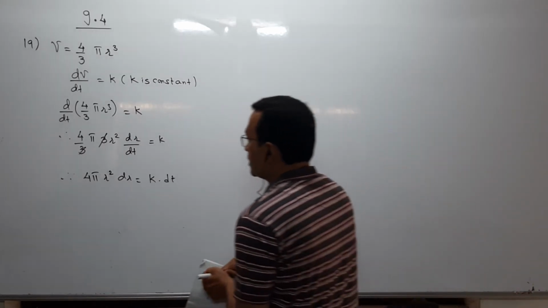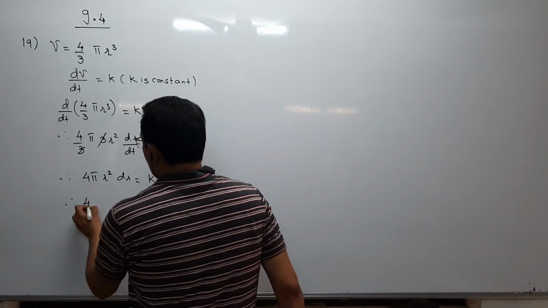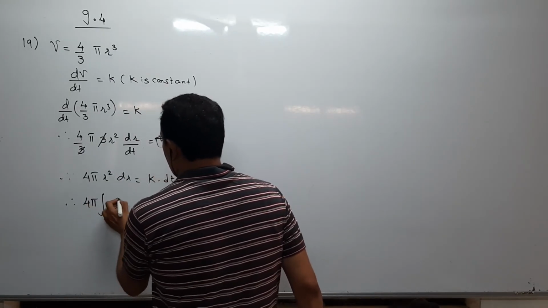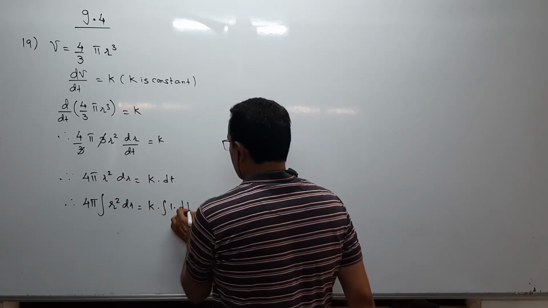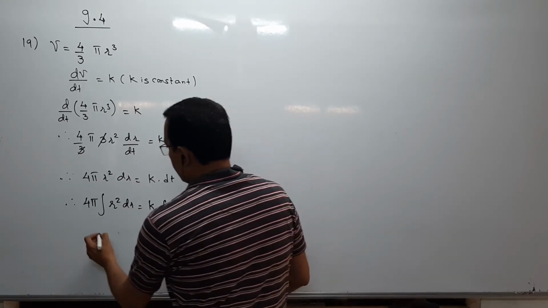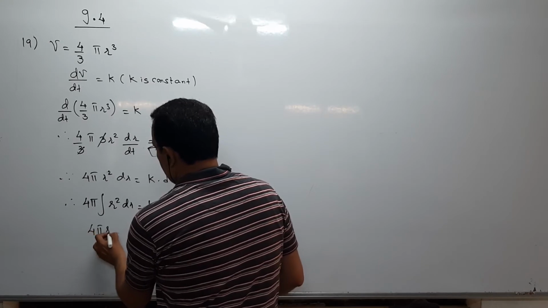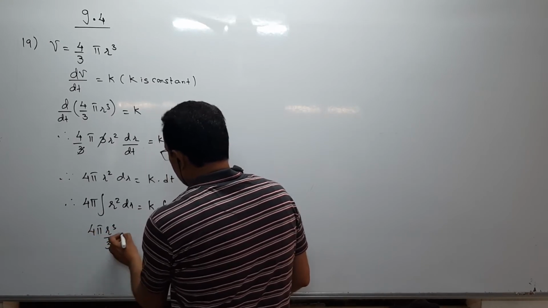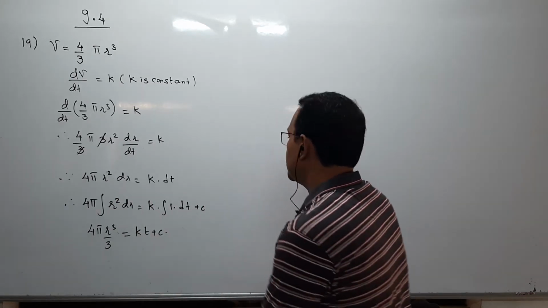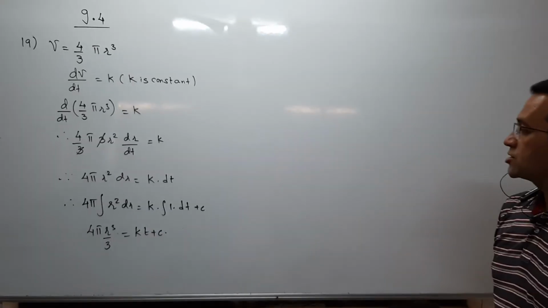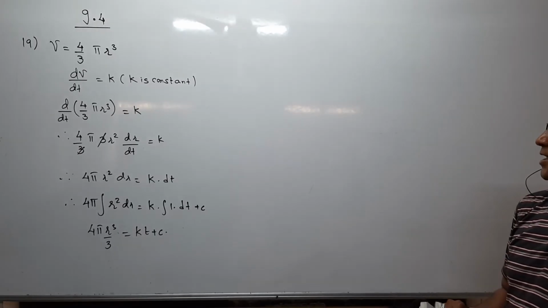Now, on integration, students, we get integral 4 pi r square dr is equal to k integral 1 dt plus c. So we will get 4 pi r cube by 3 is equal to kt plus c, where c is the arbitrary constant of integration.